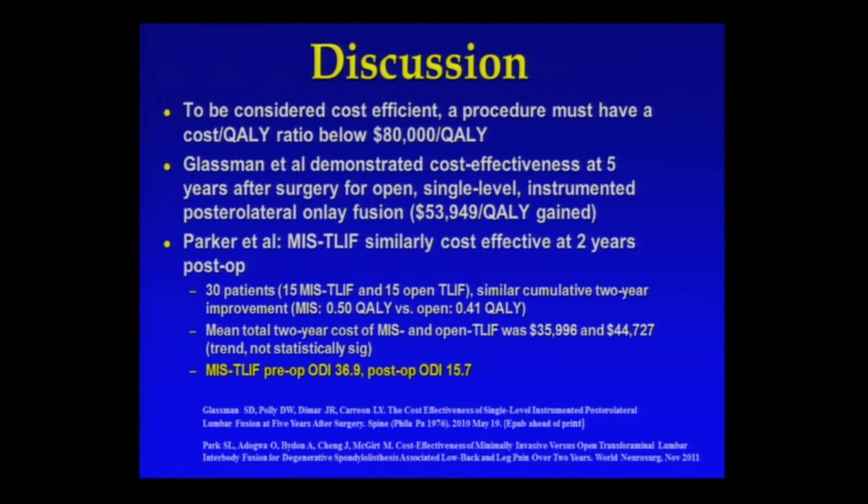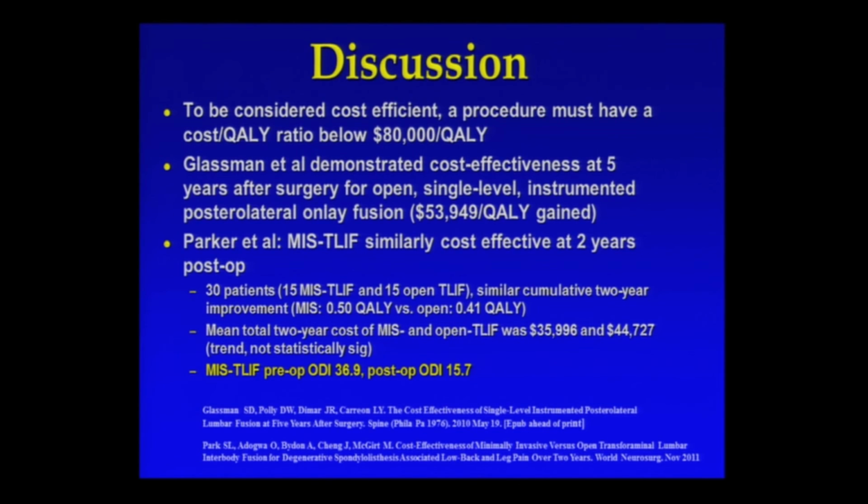So there is some QALY data out there in spinal fusion. Steve Glassman's study that he did with Leah Carrion in open posterolateral onlay fusion established a cost per QALY of an open posterolateral onlay single level fusion of around $54,000 per QALY. And more recently, out of Joe's institution, Vandy, Parker et al. looked at minimally invasive TLIF versus open TLIF, and specifically to look at the costs over 2 years of those two procedures.